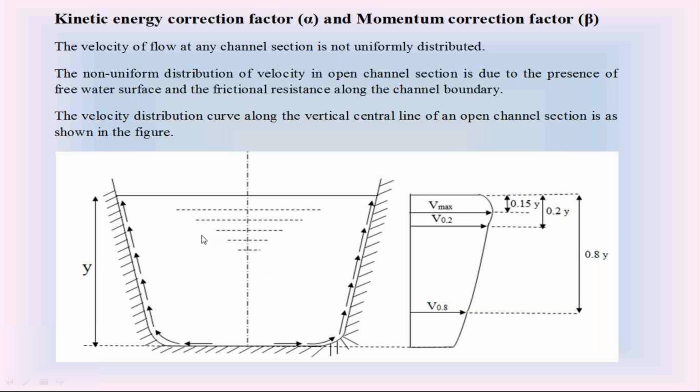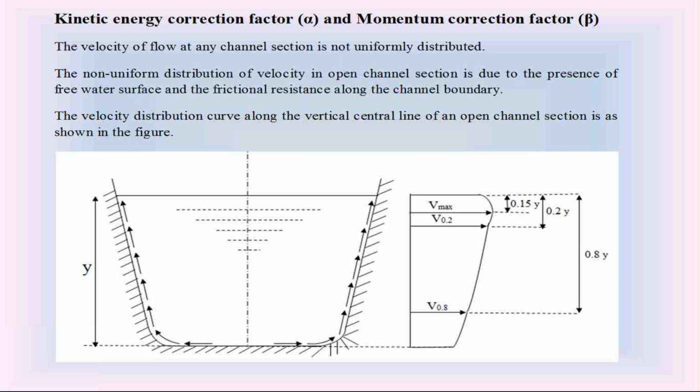Because of the atmospheric pressure acting on the surface of water and due to the shear stress, or frictional stress, acting on the sides as well as at the bottom of the canal, the velocity of water in this canal from top to bottom is not uniform. Please observe it carefully. From top to bottom, the velocity of water is not constant.